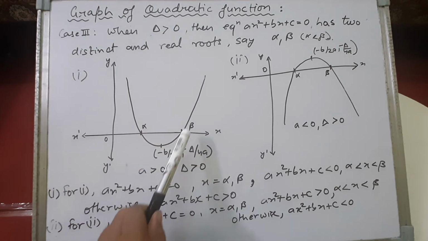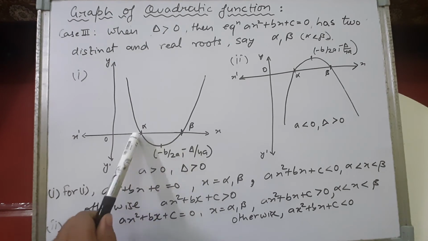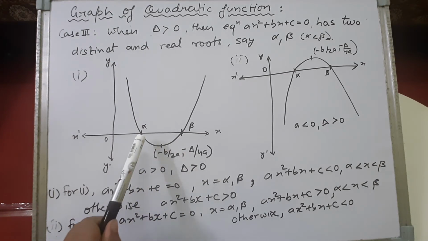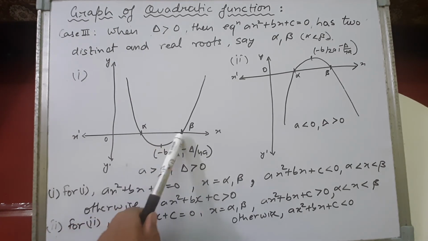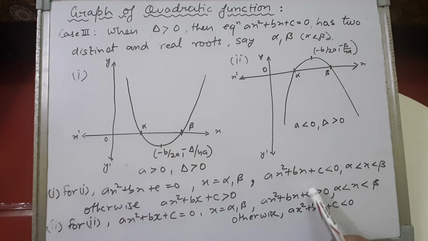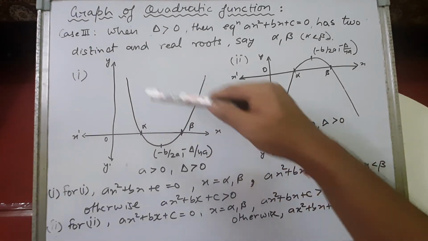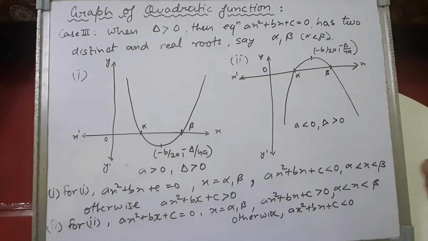The parabola is below the x-axis, that means negative, when x is in between alpha and beta. We can say that ax square plus bx plus c is less than 0 when x is lying between alpha and beta. Otherwise, the curve is above the x-axis, so the value of the quadratic expression will be greater than 0 for the rest of the values of x.